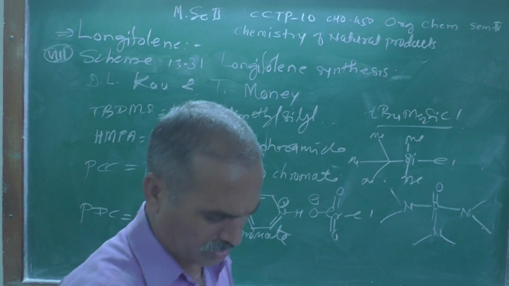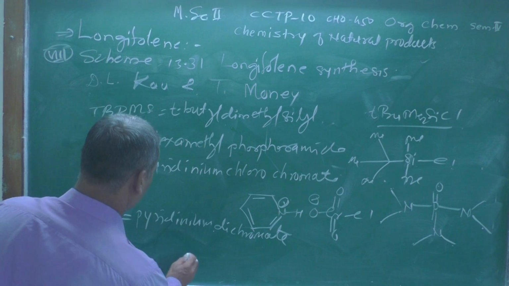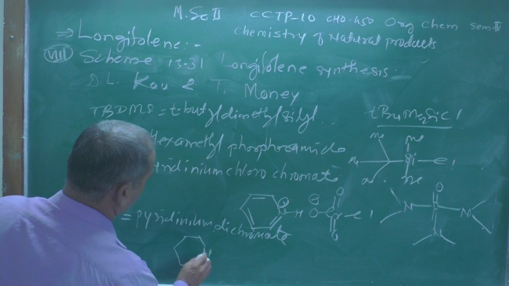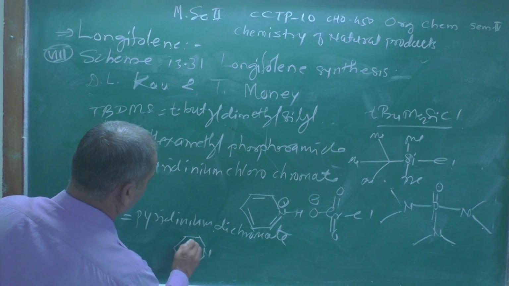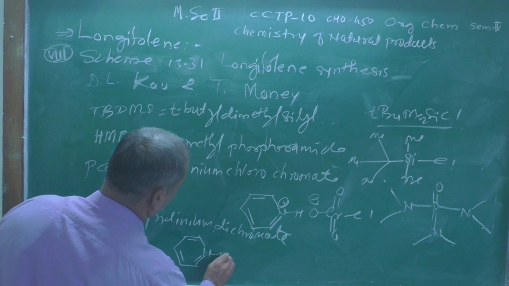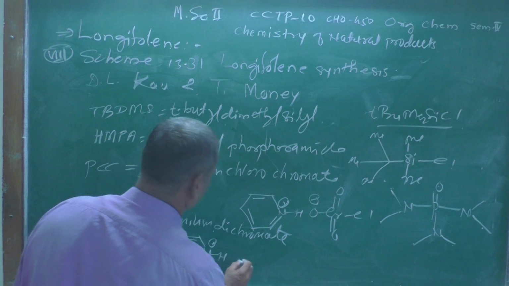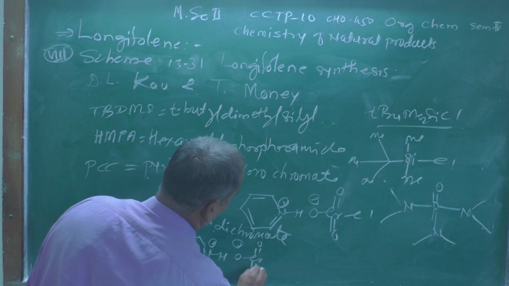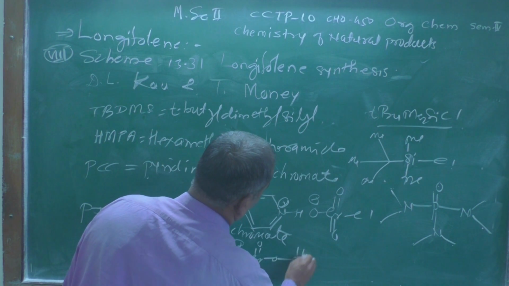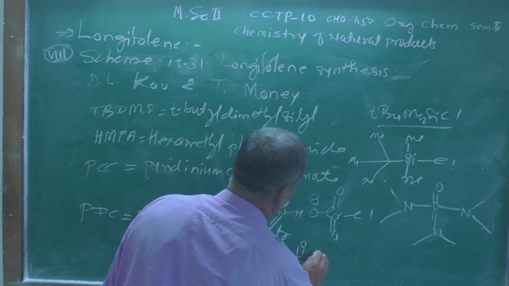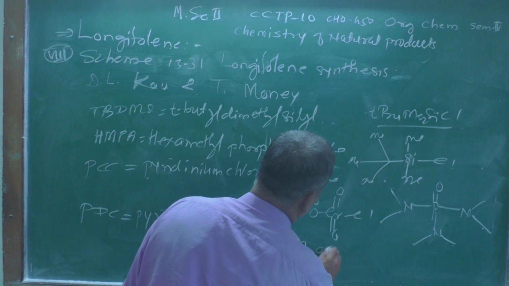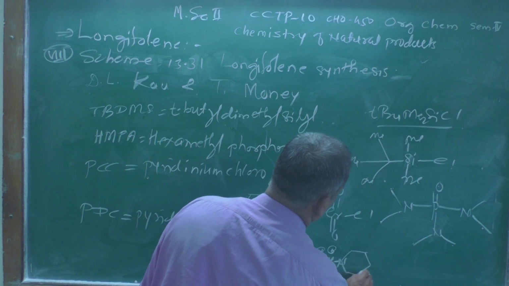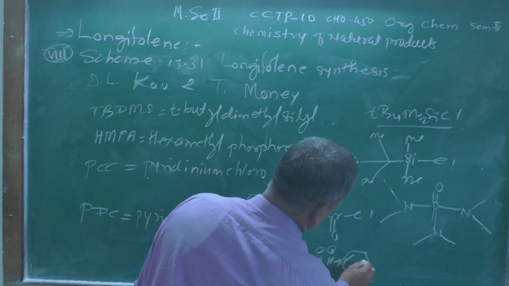The structure of pyridinium dichromate will be this one, which I am going to represent over here: N, H positive, O minus, Cr double bond O, O, then Cr double bond O, then O minus, H plus, nitrogen, here double bond.